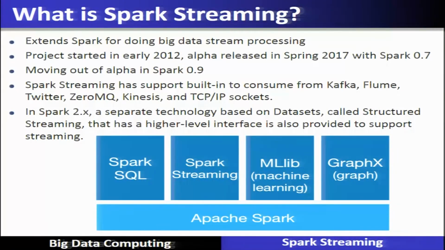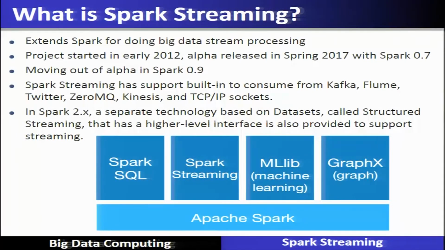Now, the Spark streaming project was started in 2012, and it was released as part of Spark 0.9. Spark streaming has a lot of built-in support to consume data from different sources. Kafka is one of the receivers which can feed live stream data to Spark streaming.